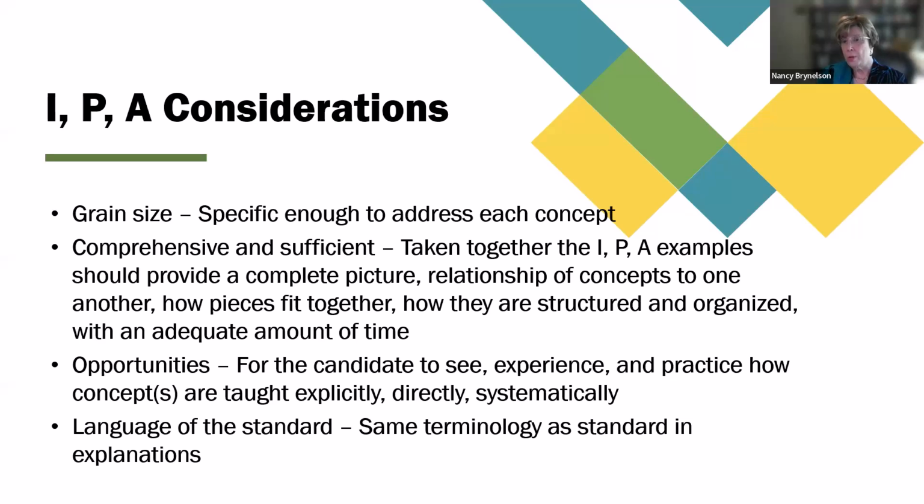It also, though, needs to add up. In other words, it needs to be comprehensive and sufficient. So taken together, the I, P, and A examples provide a complete picture.